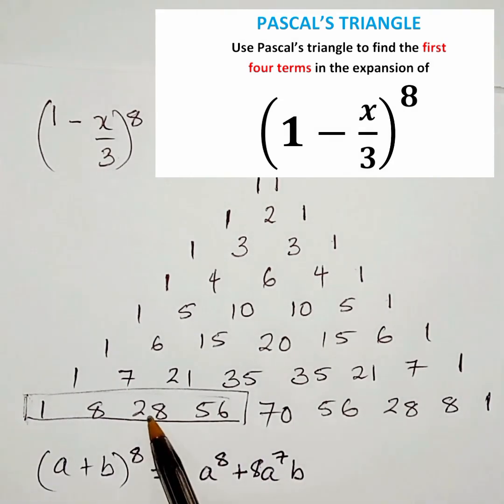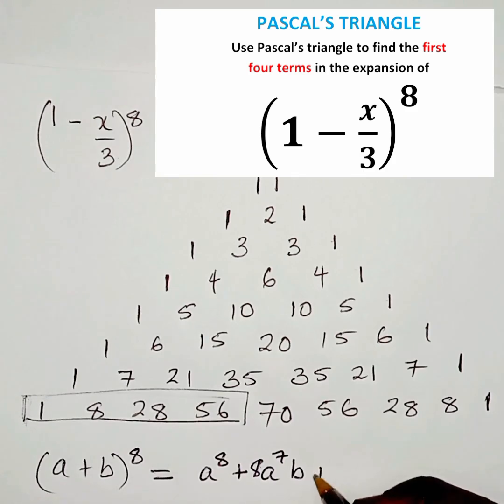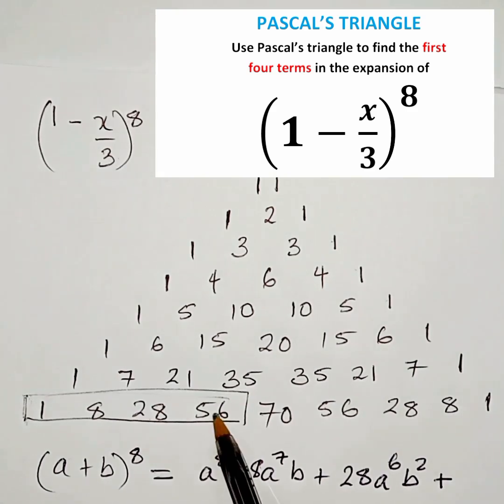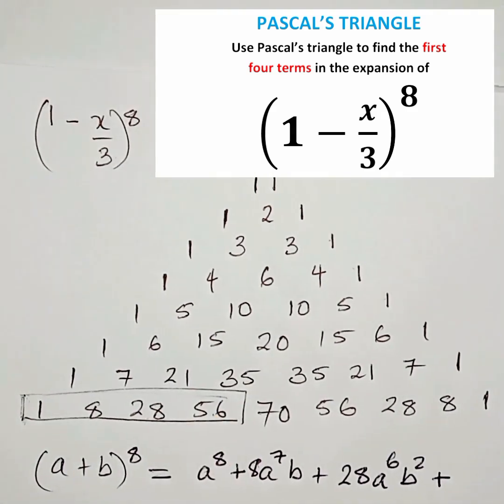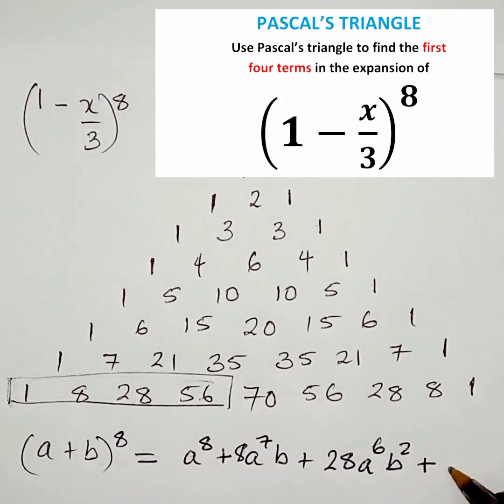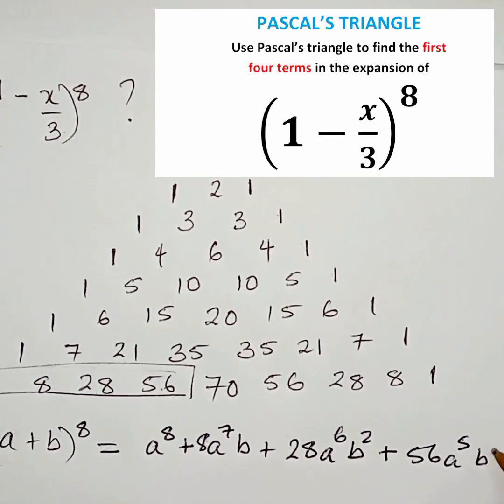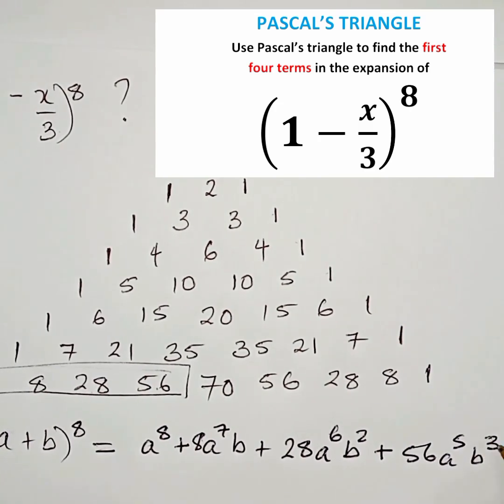We do the same thing on the third term: 28 a^6 b^2, plus the fourth term has a coefficient of 56, so 56 a^5 b^3. Each time the power of a is decreasing by 1 and the power of b is increasing by 1.